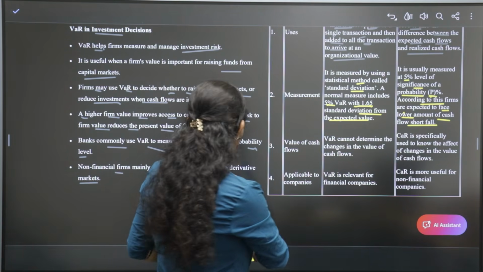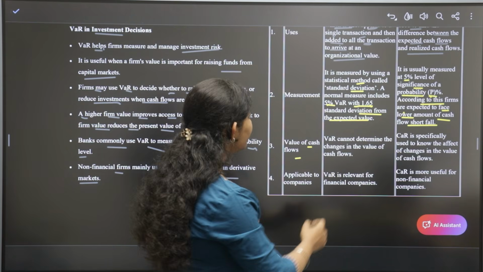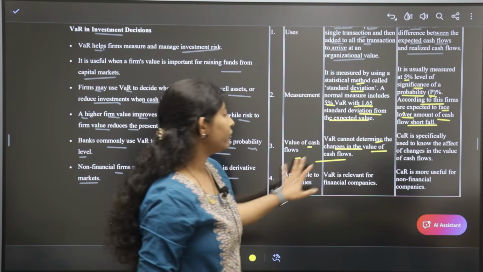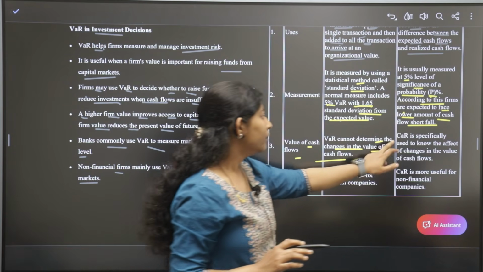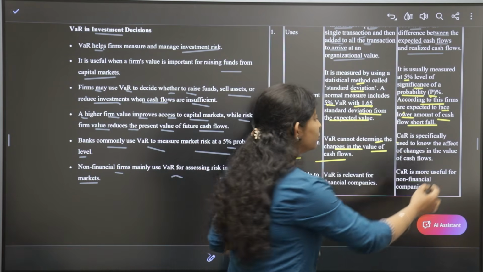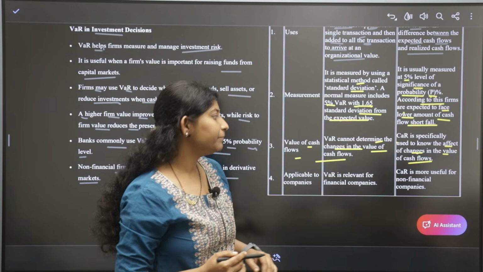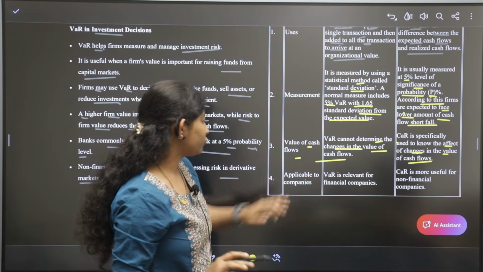And next, the third difference, value of cash flow. Here VaR cannot determine changes in the value of cash flow. VaR will not help you if there is any change in cash flow. But CaR is significantly used to know changes in the value of cash flow. Obviously CaR will help you if there is a change in any cash flow.